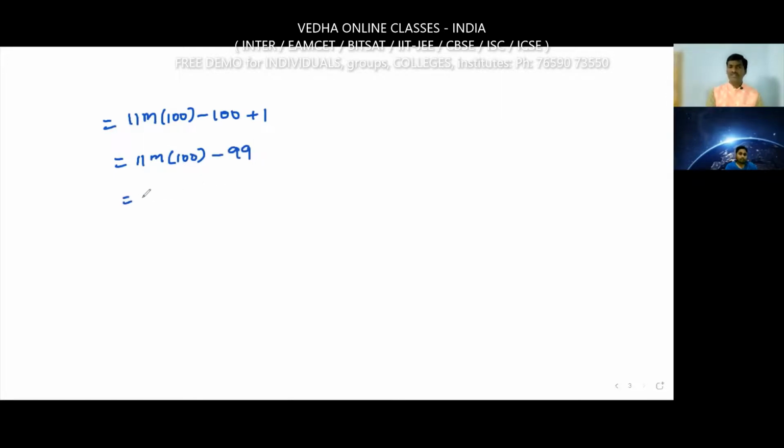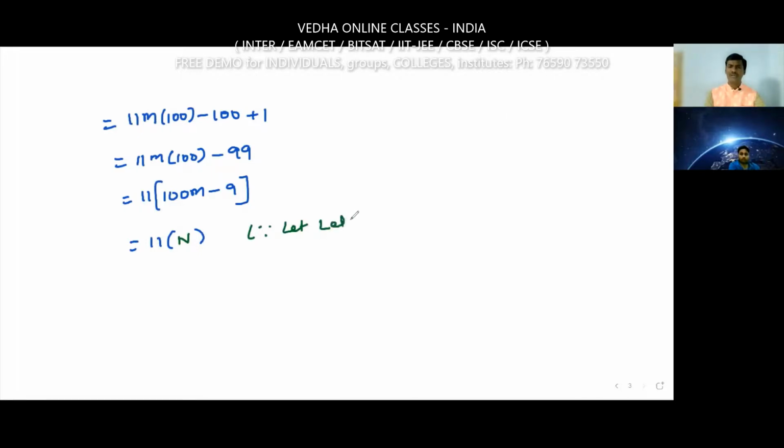Observe carefully: can we take 11 common in this? Yes, we can take 11 common. So if we take 11 common, then 11 into 100m minus 11 nines are 99. Already we took m, so here I am taking n. Let me take some multiple; either we can take m or n or p, q, a, b, any value.